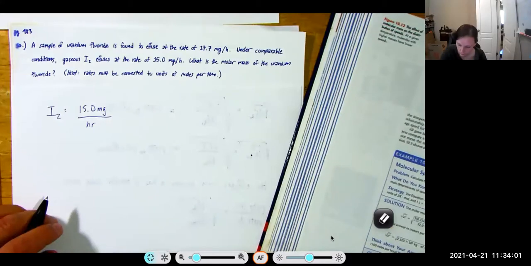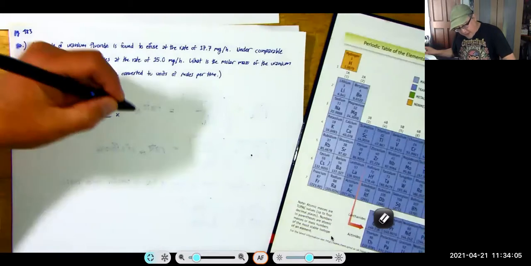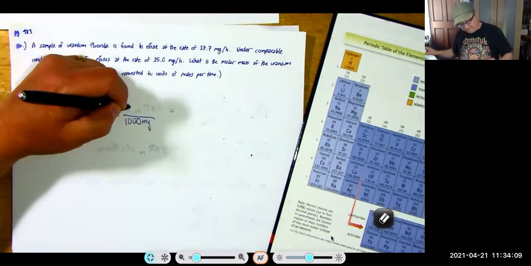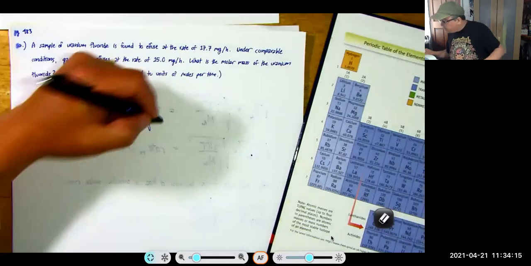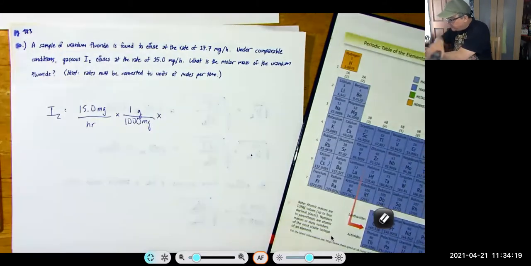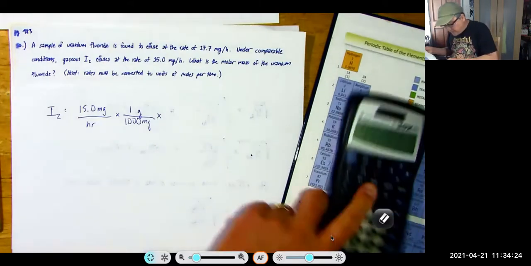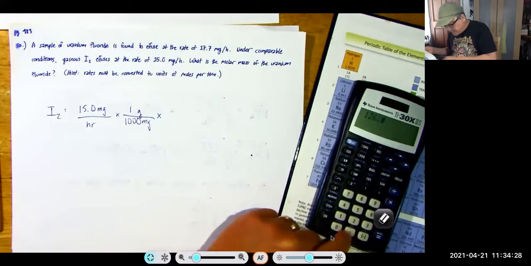Okay, and we know that for 1,000 milligrams, there is 1 gram. And for I2, I'm going to go to the 100th. We've got 126.90 times 2.